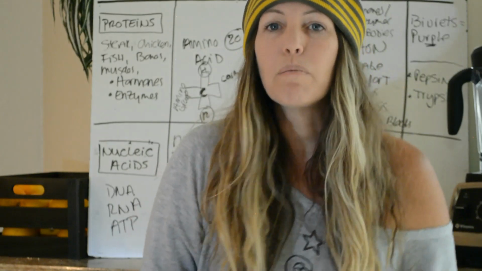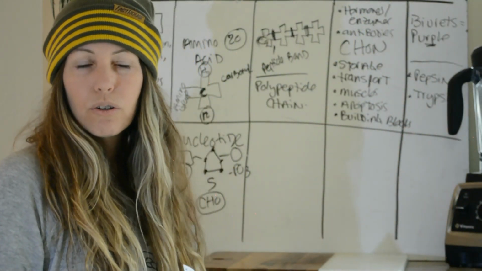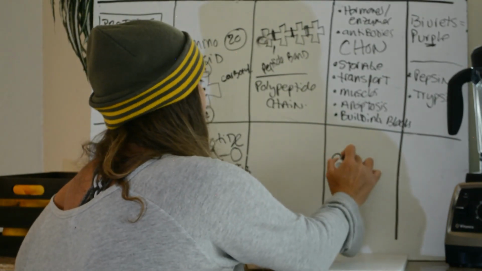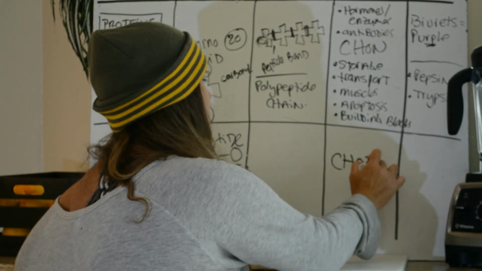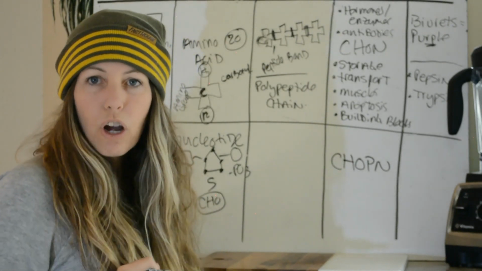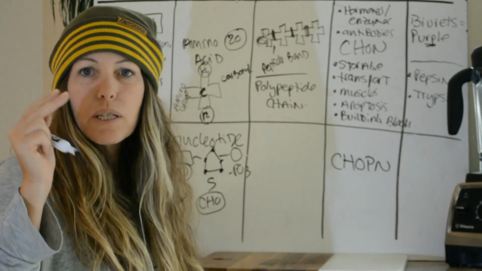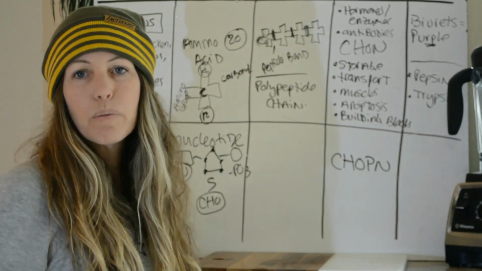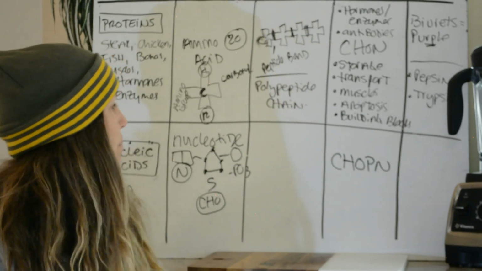And so the elements for nucleic acids would be CHOPN. Okay, so think of CHOPN. So CHOPN, carbohydrates, lipids, proteins, CHOPN, and then the last but not least, CHOPN, okay?